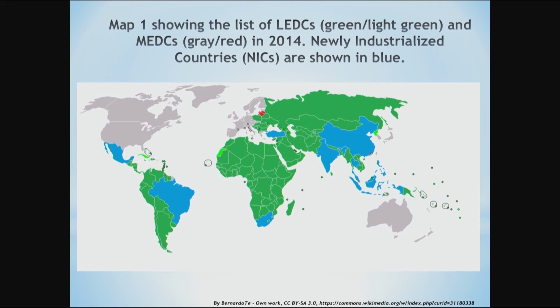Then if we move on to Africa, we see the southern part. Which country is it? Very good, South Africa. South Africa is also an NIC. Then we have another color. Yes, gray. And these gray colors, or even red, there's a red one there among the countries in Europe, which is in gray.